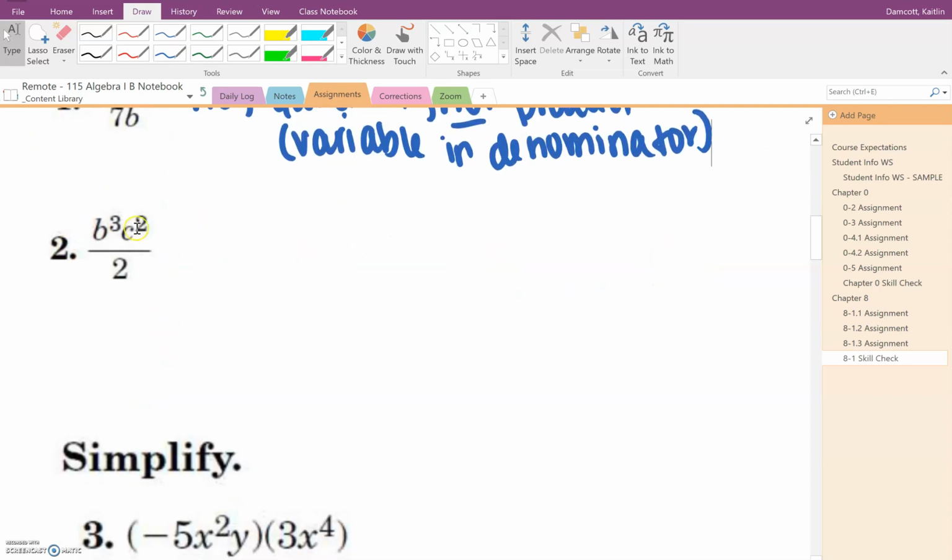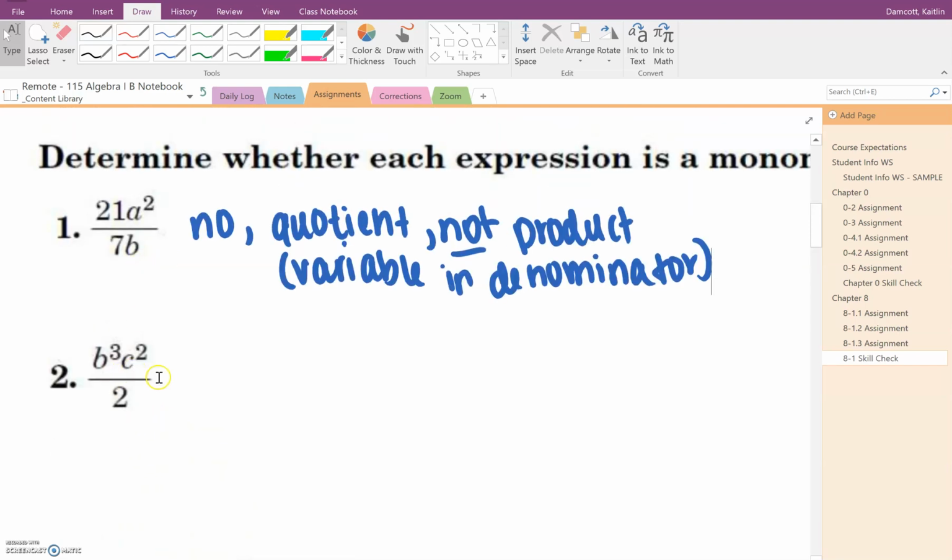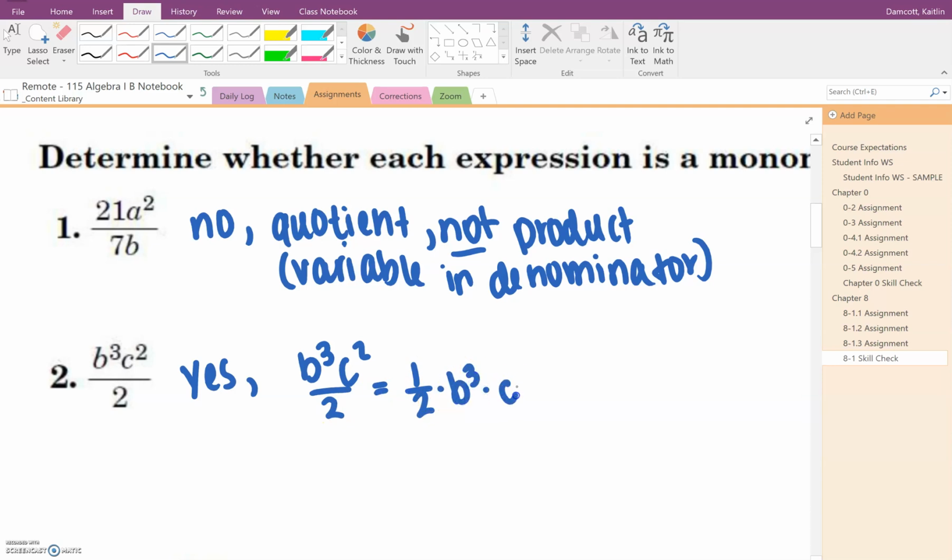Now in the second one, we have b to the third, c to the second, all divided by 2, or over 2. Now I'm saying that it's division, however, this can be rewritten. So this is actually a monomial for the reason that b to the third, c to the second, all divided by 2, can be rewritten so that it's 1/2 times b to the third times c to the second.